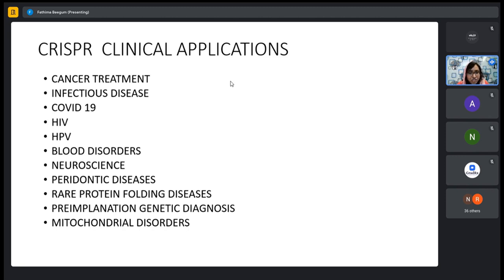Then preimplantation genetic diagnosis, and also certain mitochondrial disorders. For all these purposes, CRISPR has been explored. Studies have been going on, but the conclusive results are yet to be published. Studies regarding safety and long-term use are going on.